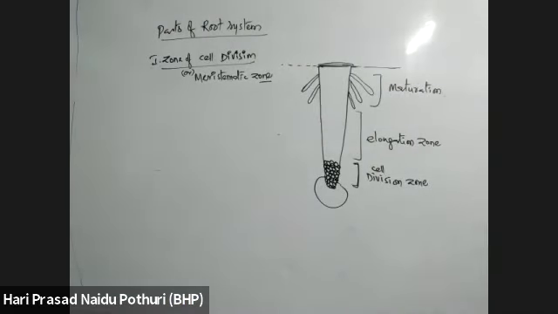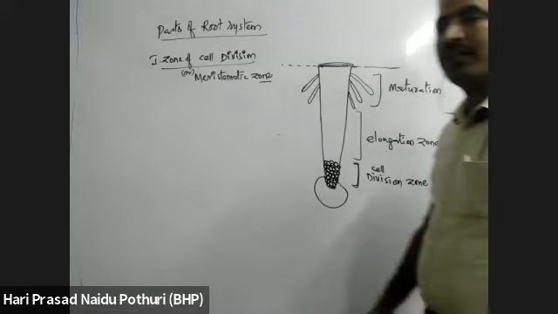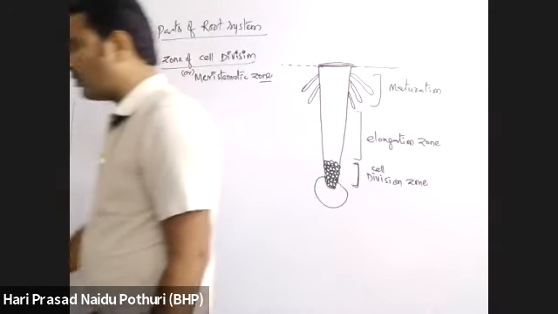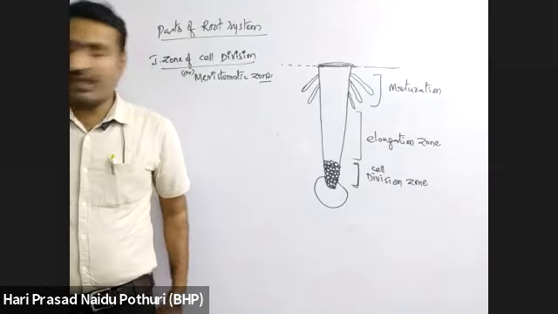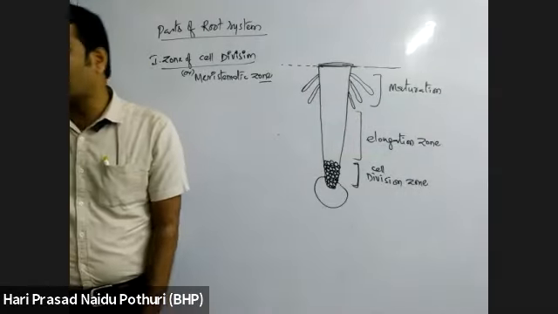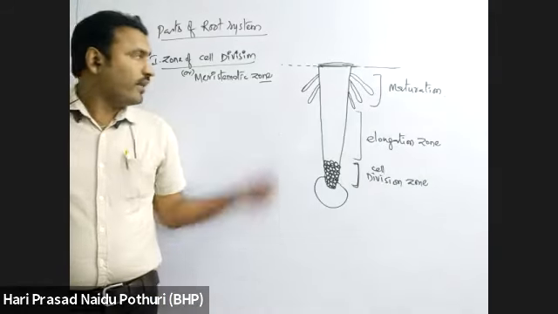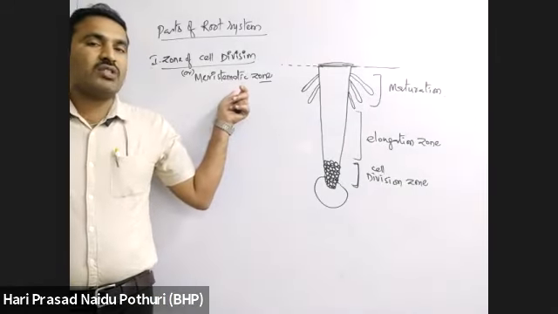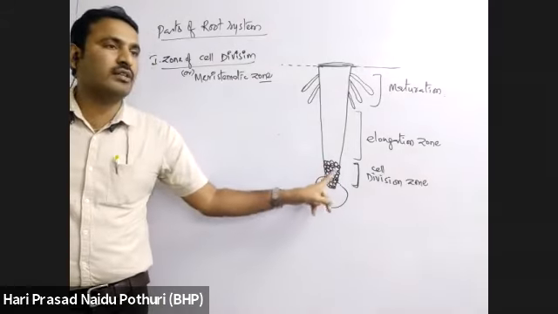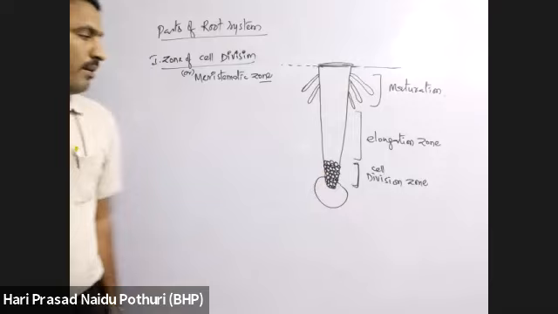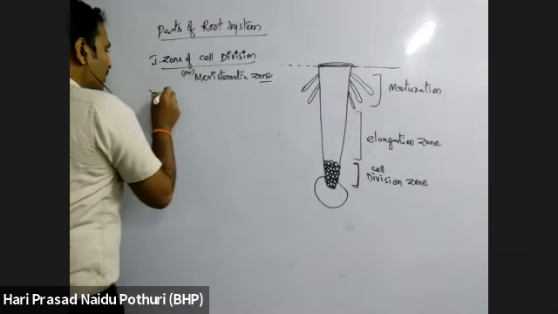Meristematic cells are there, and meristematic tissues, permanent tissues. Meristematic tissues can divide continuously. Where continuously dividing cells are there, that is called meristematic tissue. Where cells have lost their division activity, that is called permanent. Here dividing cells are there, that is what we can say is the meristematic zone.